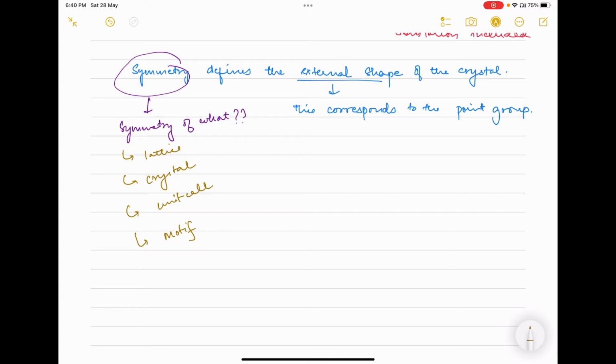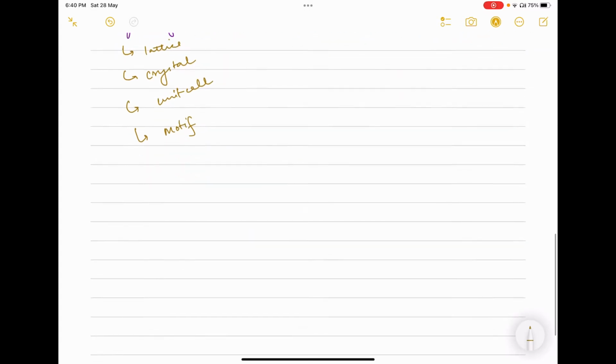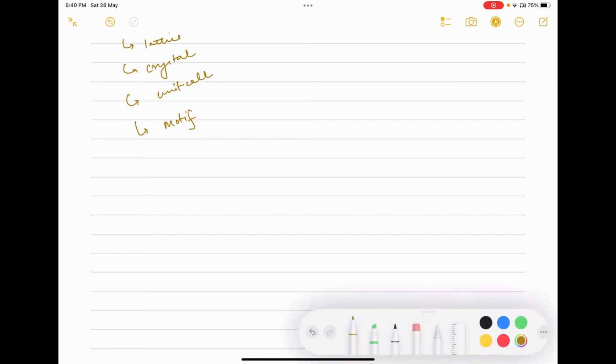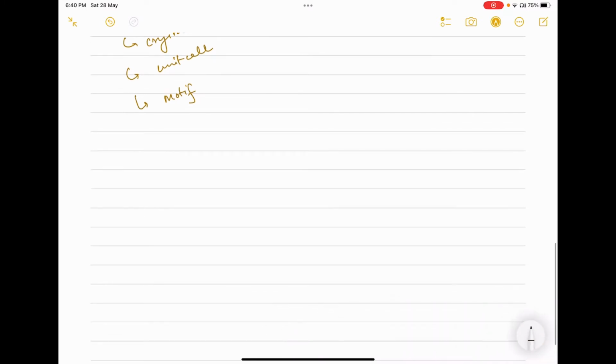Okay, now we have different classifications of symmetry operators. Let us first talk about how they are classified. So, classification of symmetry operators.